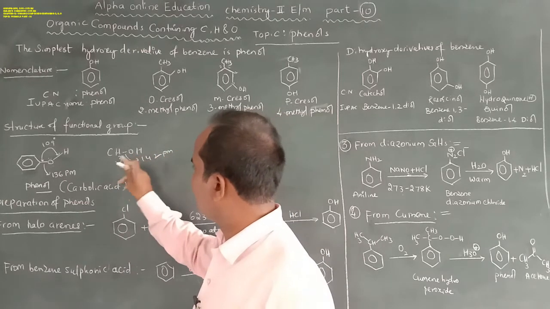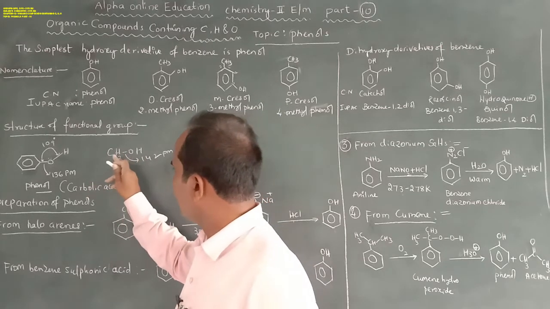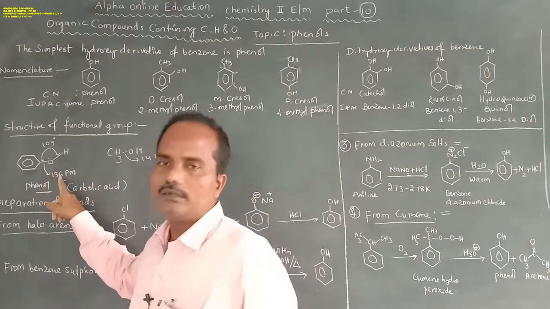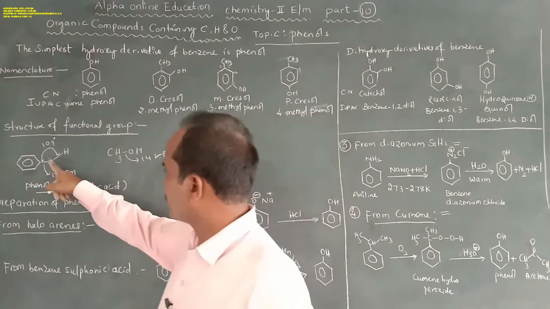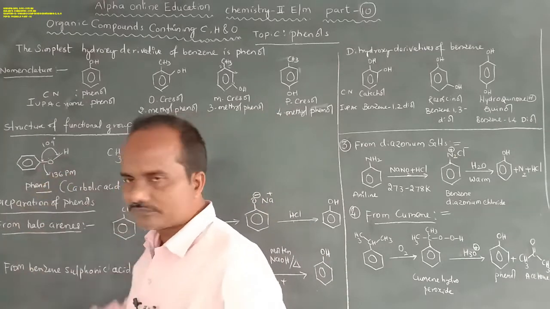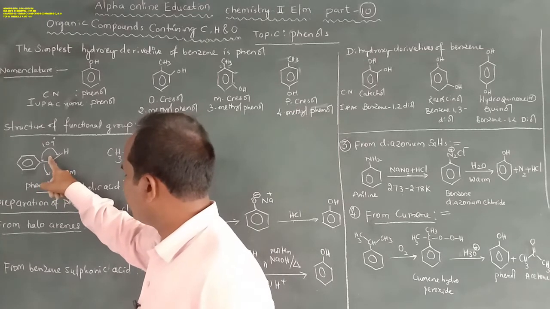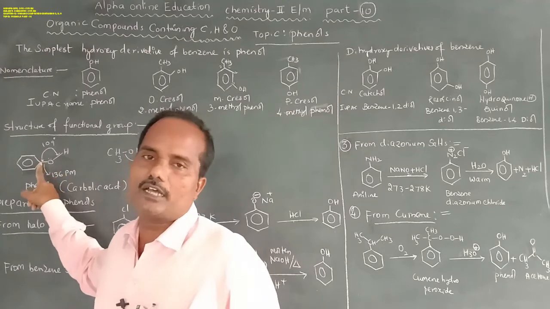When compared with methanol, the bond length between carbon and oxygen in phenol is somewhat less. The reason is that the unshared electron pair of oxygen is in resonance with the aromatic carbon.